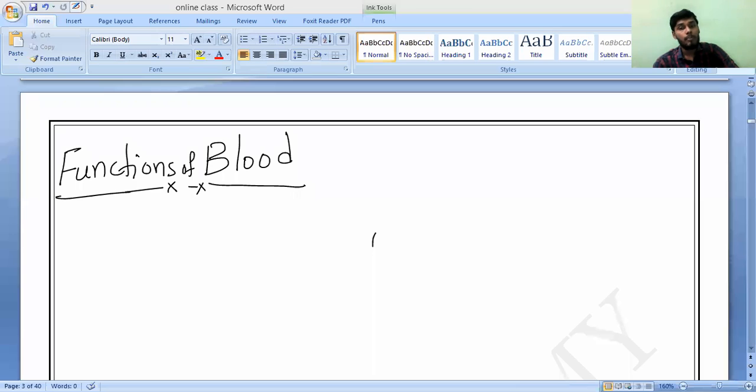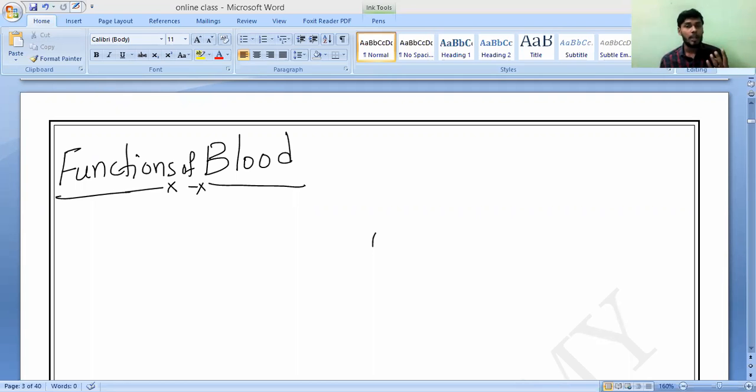From one part of the body to another part. All these substances, gases, digested food, waste products, hormones, everything from one part of the body to another part, comes under one thing. That is what we call transport of substances.